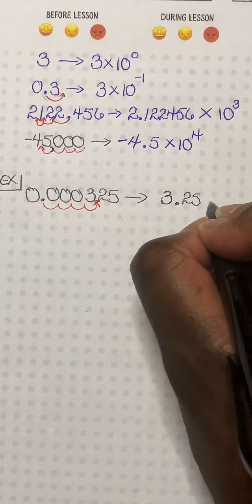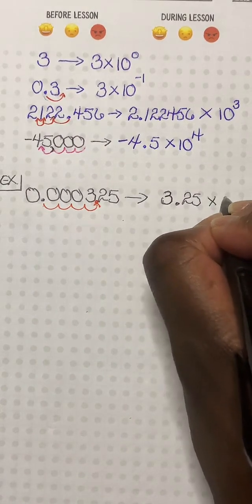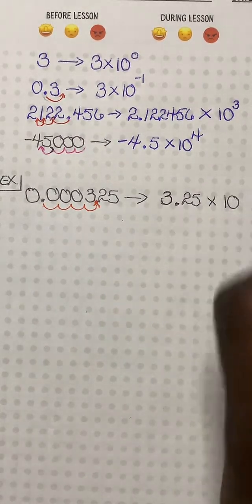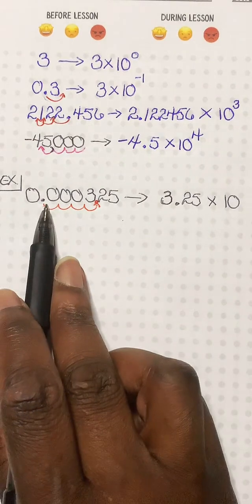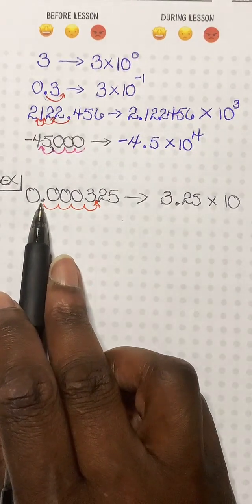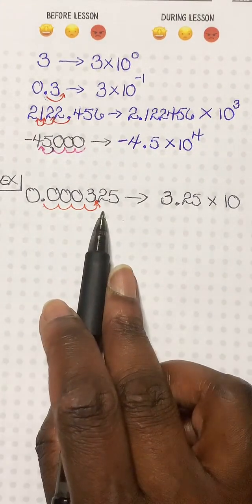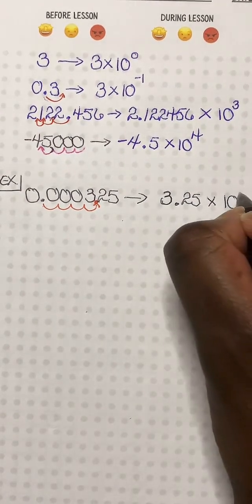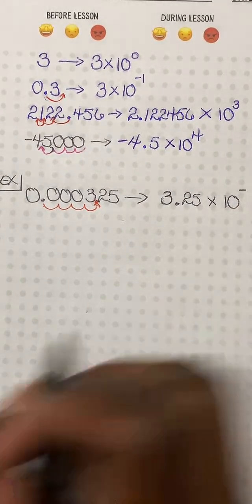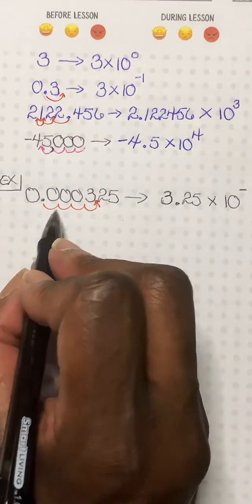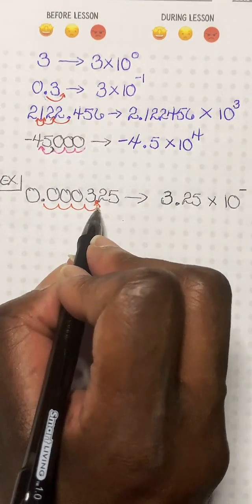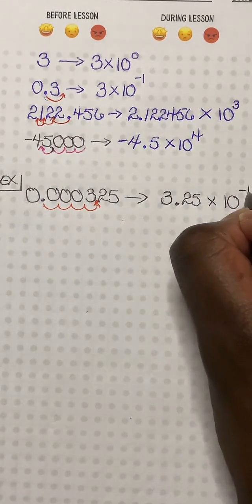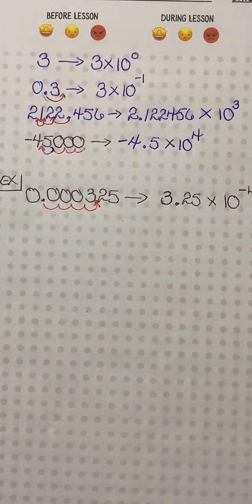So now we have our 10. And we write down, since we went from the decimal being here to the right, that means it's a negative exponent. And we moved 1, 2, 3, 4. So it will be a negative 4.